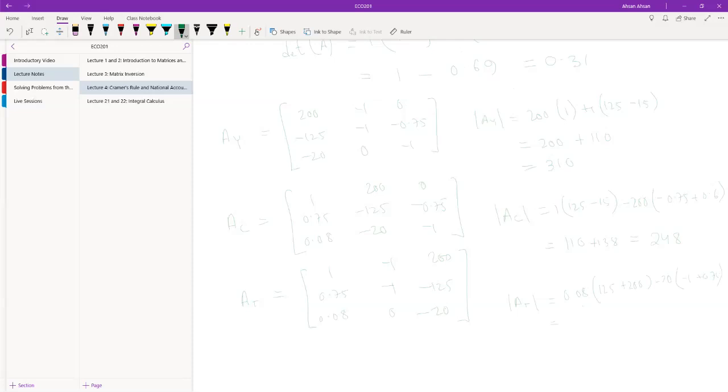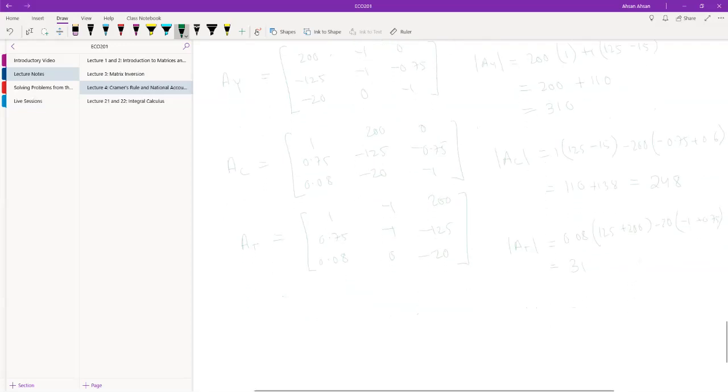So what we get here, I'll use my calculator again, 0.08 times 125 plus 200. That gives me 31. So the determinant of A_T is 31.